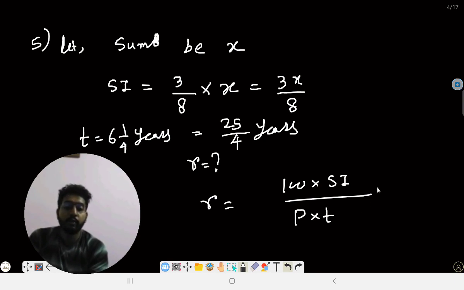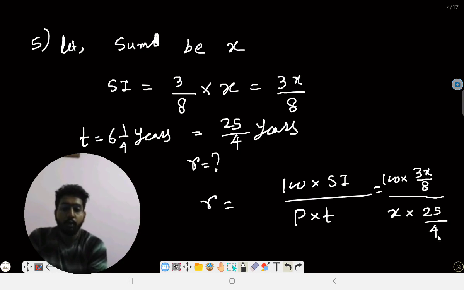So 100 into SI. Now what is the SI here? SI is given here as 3x by 8 divided by P. What is the P here? x into time, and the time is given as 25 by 4. Now solve this. x and x will be cancelled out.